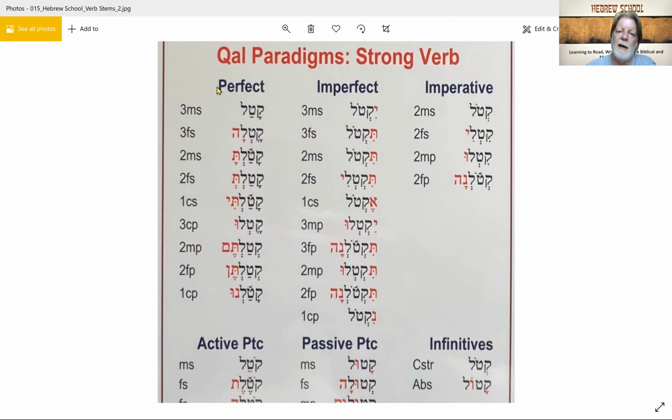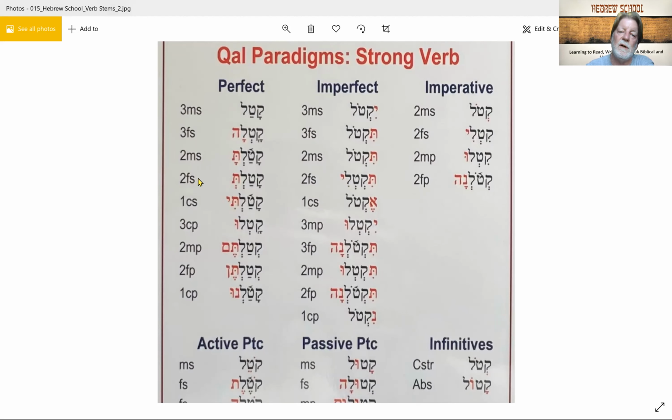So we have in the perfect, the basic Qal active verb. Of course, we've got third masculine singular, he did something. Third feminine singular, she did something. Second masculine singular, you singular did something. You, a man, did something.